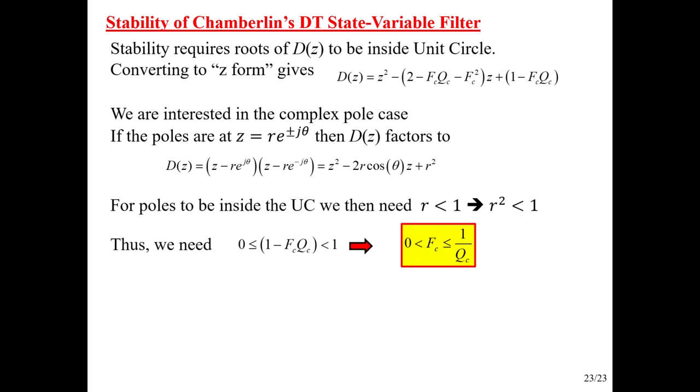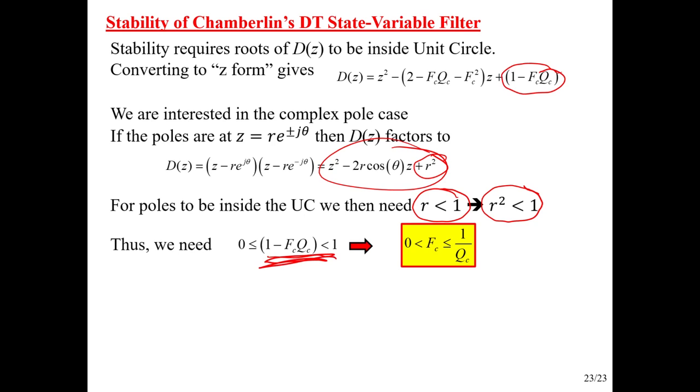And so one way we can check is by just using this relationship here. We can see that if we need R less than 1, that means that we need R squared less than 1. That comes from here. And so that means that this quantity must be strictly less than 1. And then that inequality leads to something that looks like this.